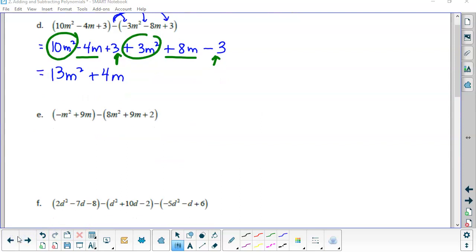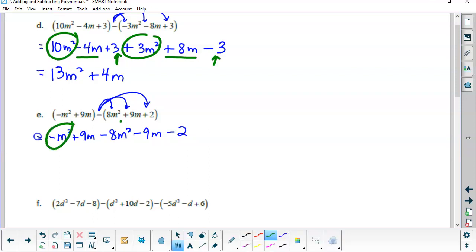Okay, in E, nothing in front of the bracket, so you just copy out whatever is inside the brackets. Then you're subtracting a positive, which is subtracting. Subtracting a positive, which is subtracting.